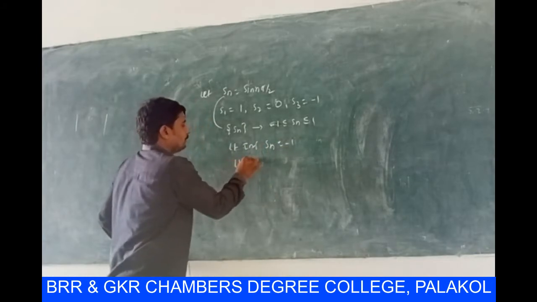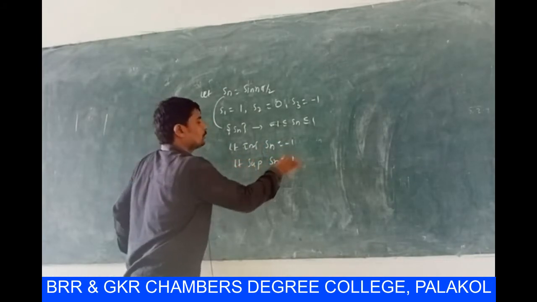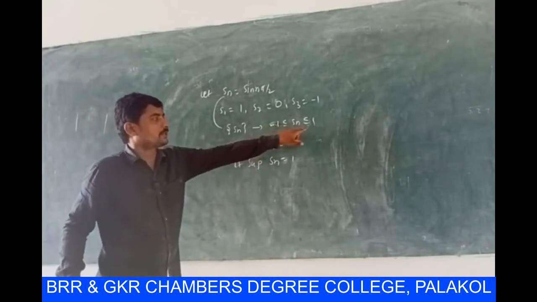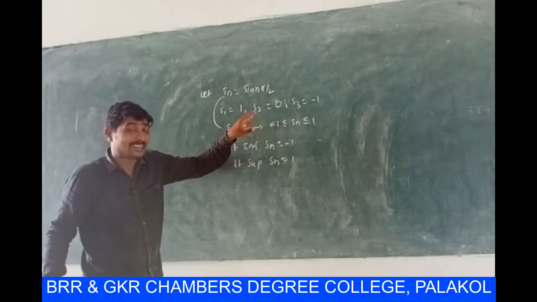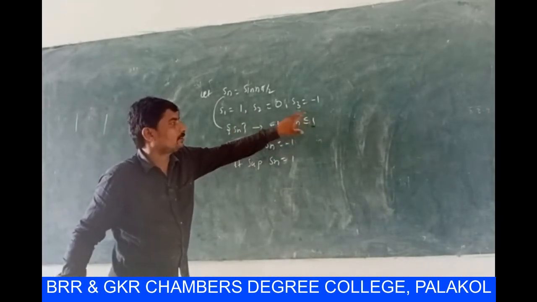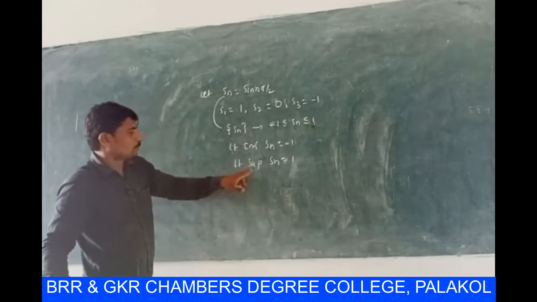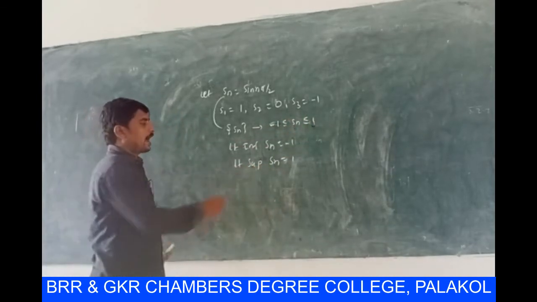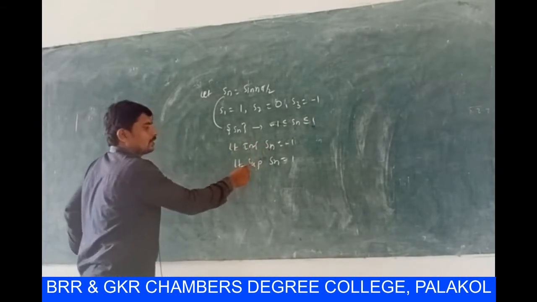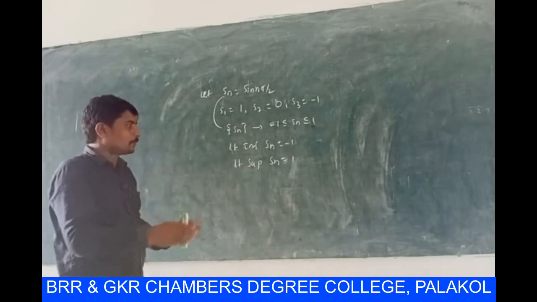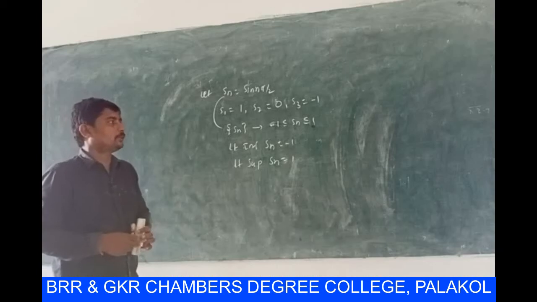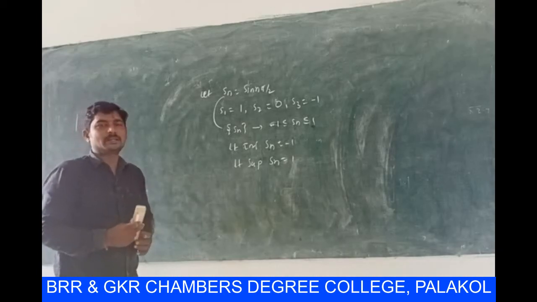In the same way, limit supremum of Sn is equal to 1. Is it clear? Sn value varies between minus 1 and plus 1. The least value is limit infimum of Sn, and the greatest value of the sequence is known as limit supremum of Sn. The relation between these two is that limit infimum of Sn is less than limit supremum of Sn. This is a way to calculate limit infimum and limit supremum.